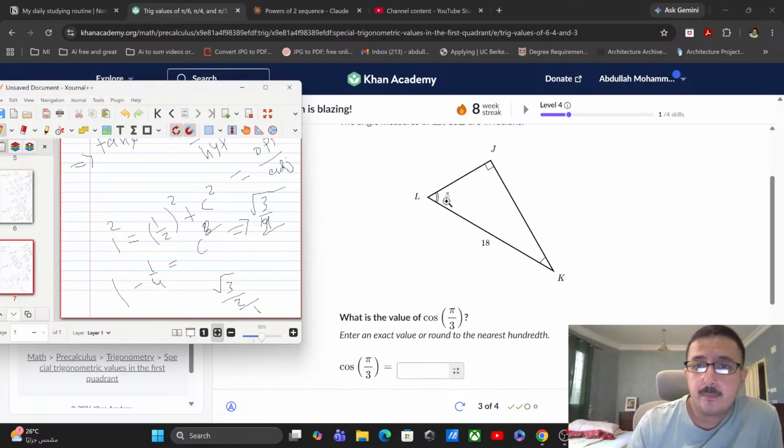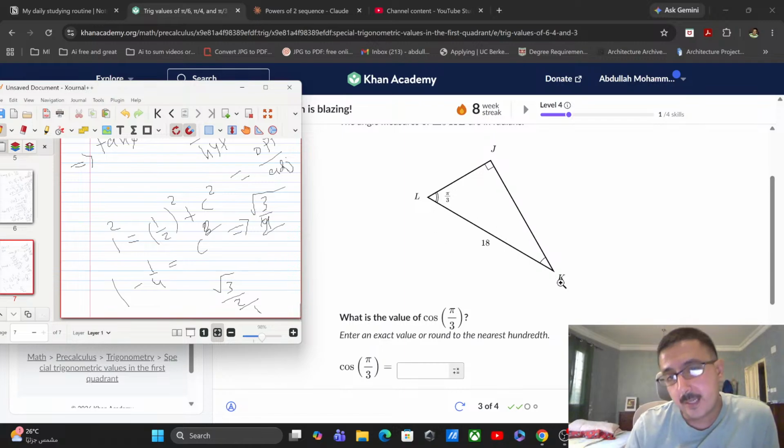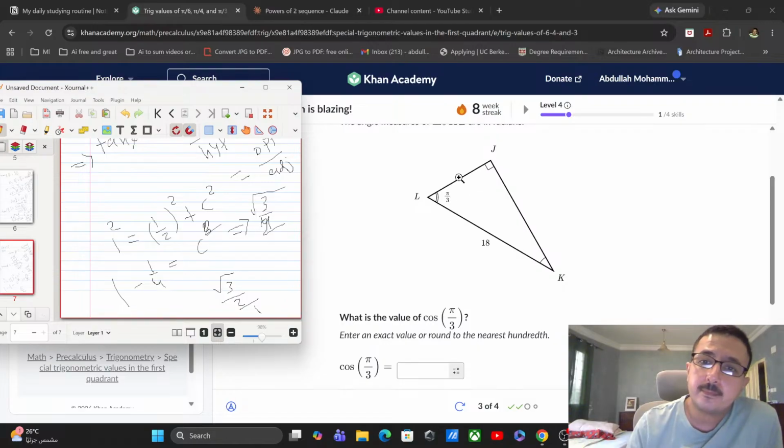This is here. So adjacent over hypotenuse, which is half, but this is 18. Again, this is 18. This is not the same. We can multiply this 18 by half and we'll get this.